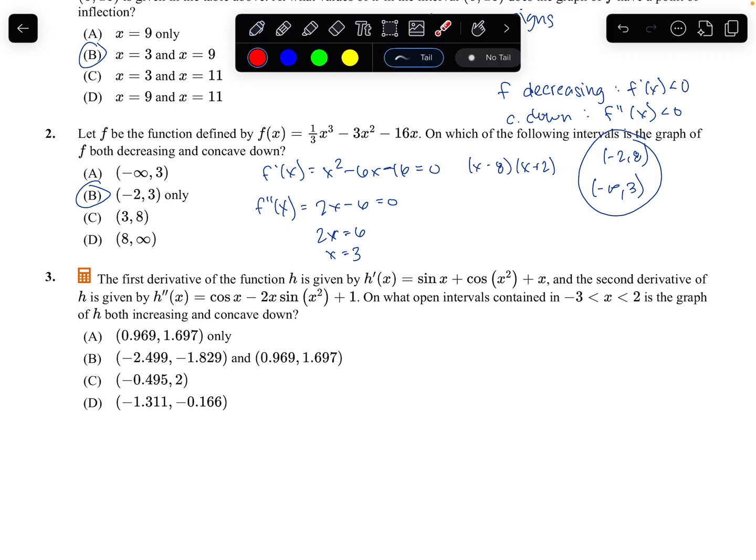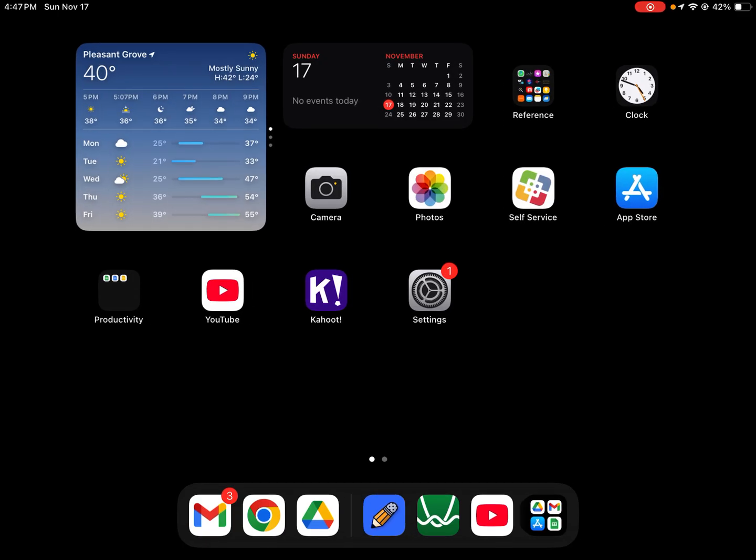All right, the first derivative of function h is given by h prime of x, and the second derivative of h is given here. On what open intervals contained in -3 to 2 is the graph of h both increasing and concave down? So this is a graphing calculator question. Let's say increasing. Let's use our graphing calculator and figure out where it is increasing.